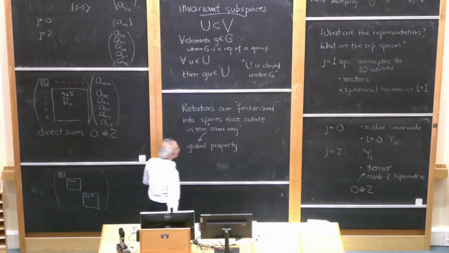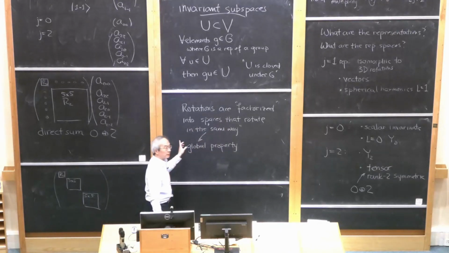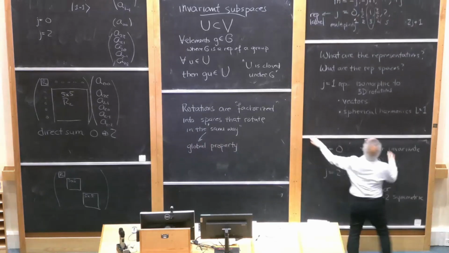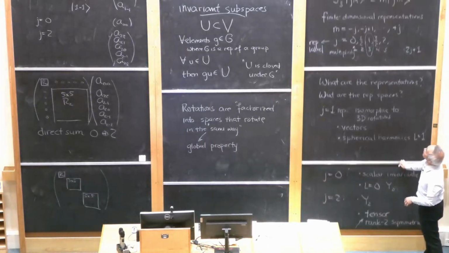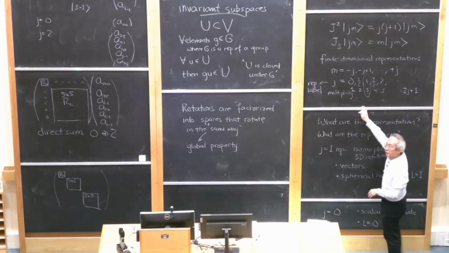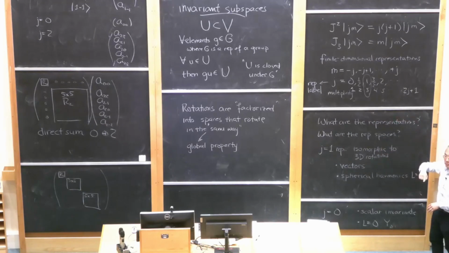Now remember, when we actually derived the representations from the algebra, from the Lie algebra, this enumeration of the representations actually just comes from the local behavior.